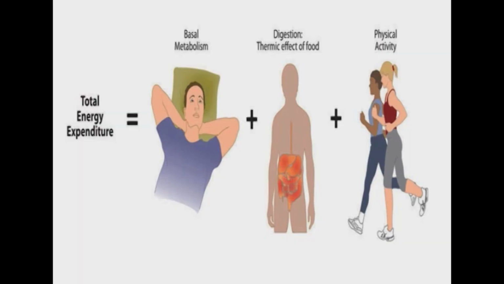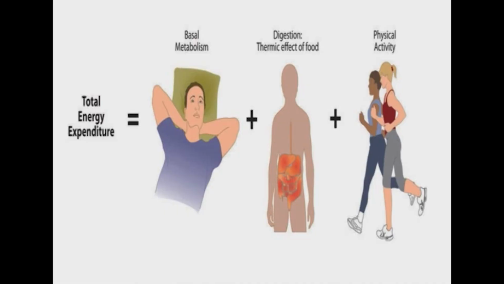The human body's total energy needs can be subdivided into three separate categories. The energy required to maintain basal metabolism, the basic essential metabolic processes required to keep the body alive and healthy, and where applicable growing at an appropriate rate.